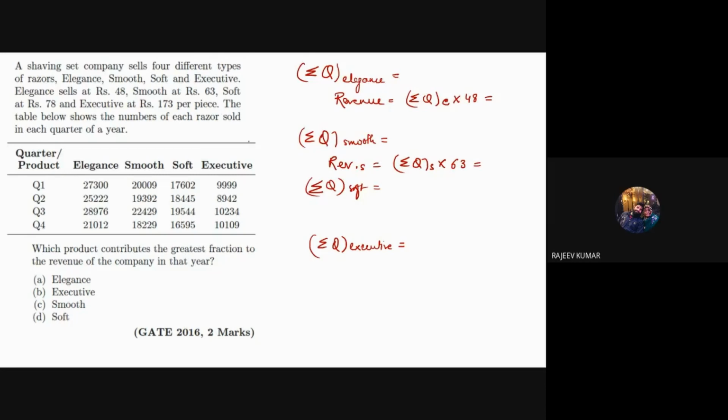Then for soft, revenue for soft is equal to the summation of Q for soft into 78, which is the cost. And revenue for executive is equal to the summation of Q for executive multiplied by 170. So the highest revenue will show you the greatest fraction. I hope you can solve this question. It's pretty easy over here.